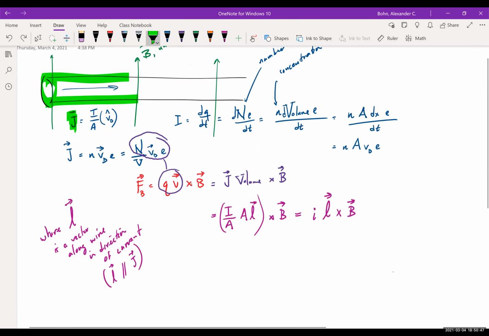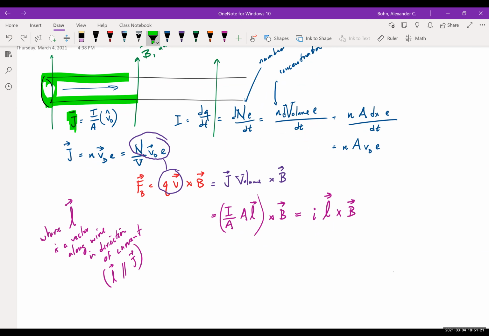So I've got e, the charge on an electron, and if we knew how many of them moved, that would be the total charge that moved in some amount of time, dt. So this dn is what I'm using to express the small amount of electrons that are moving through a particular cross-sectional area in some amount of time.